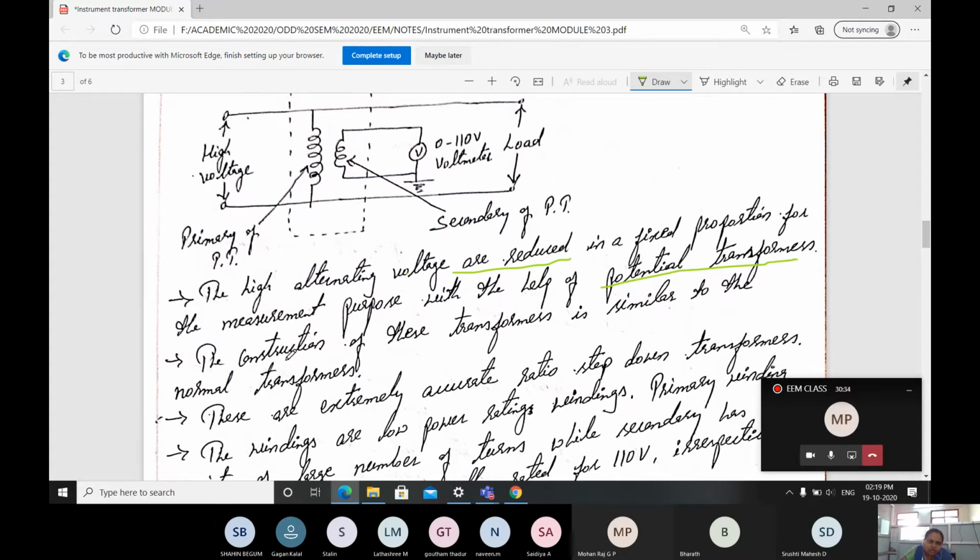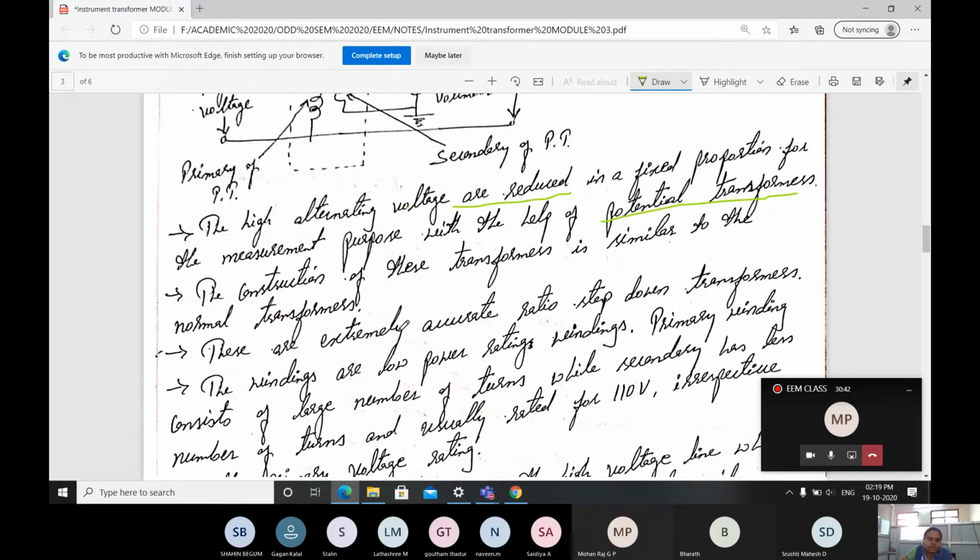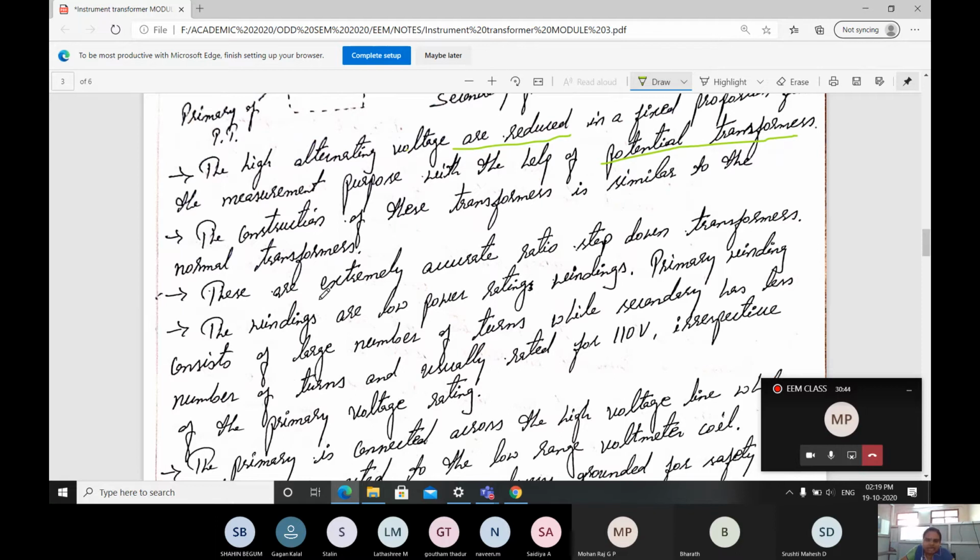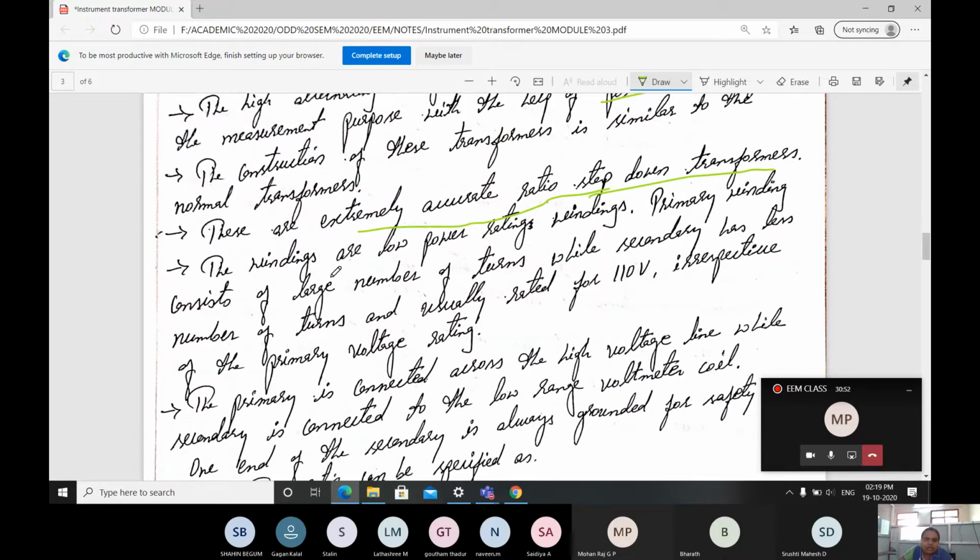The construction of these transformers is similar to the normal transformers. These are extremely accurate ratio step down transformers. The windings are of low power ratings.